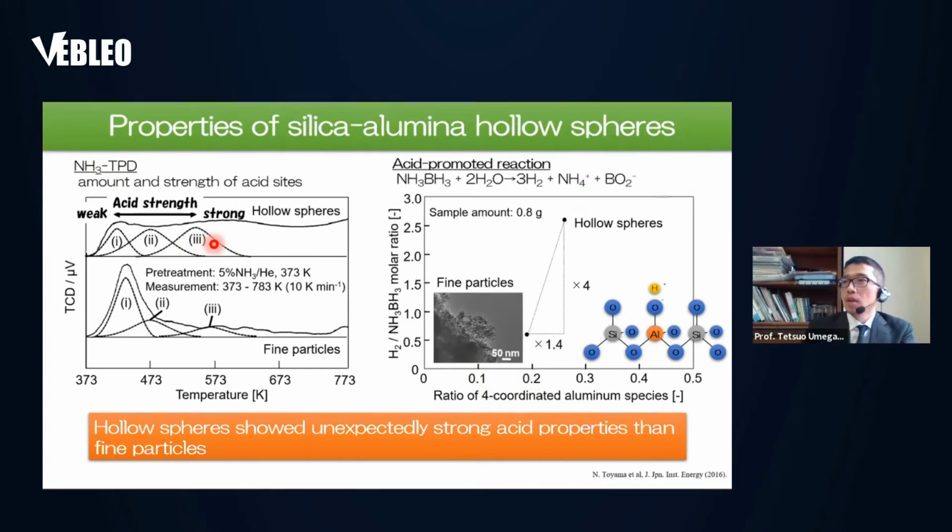In addition, the hollow sphere exhibited unexpectedly high activity for this acid-promoted hydrogen generation from aqueous ammonia borane solution compared with the fine particles, despite not so high a ratio of the active four-coordinate aluminum species forming the protonic sites.